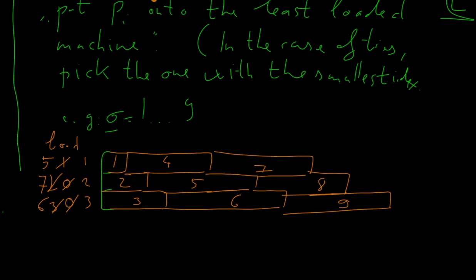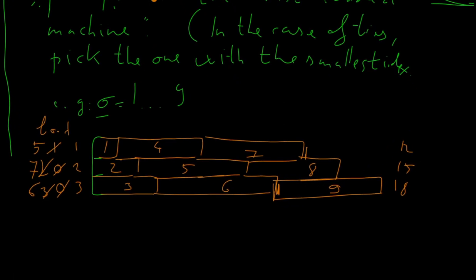You can verify that this guy here is still smaller than this guy. And right now the loads will be say 12, say 15 and 18, which means that for this particular input the list algorithm produces a solution of cost 18.